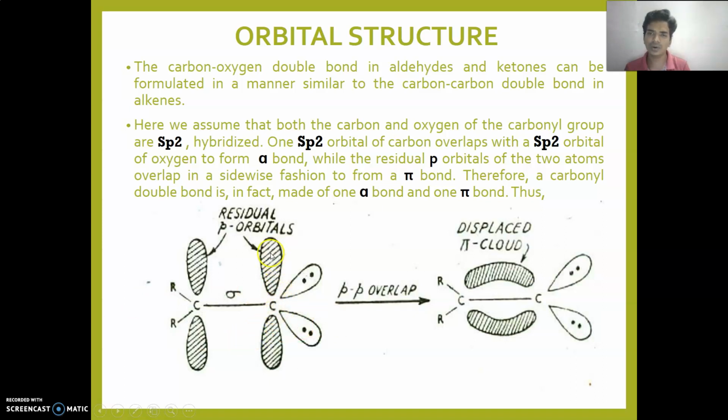We get the overlapping by the remaining residual p orbital and it forms a double bond, a pi bond, p-p orbitals the same as in your alkene. Here the oxygen has residual p orbitals. So first the sp2 hybridization forms a sigma bond, and after this the remaining p orbital forms a double bond here. So a pi bond forms, a delocalized pi cloud. So this is the same as that of your alkene.